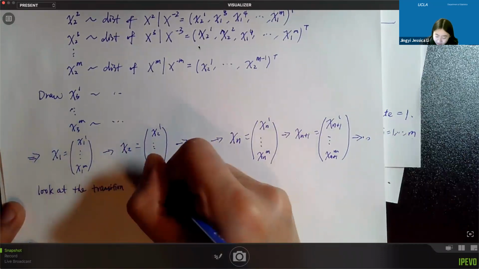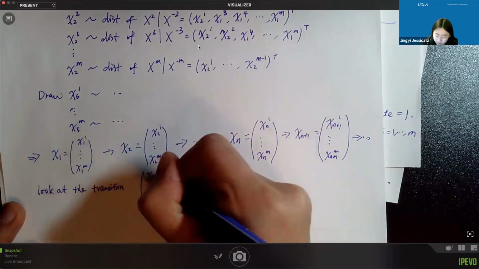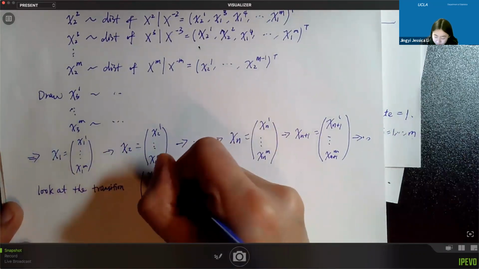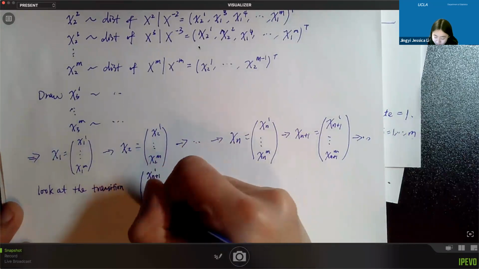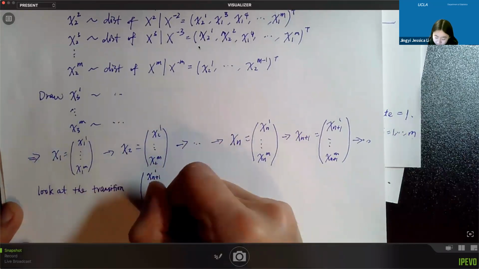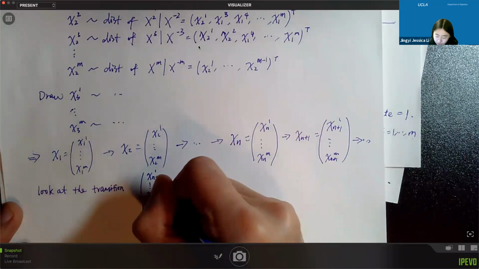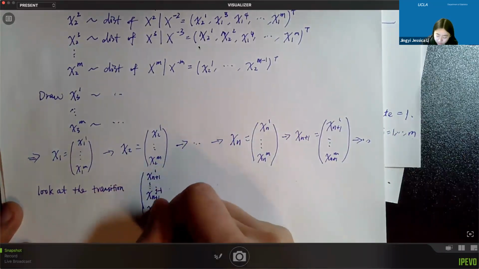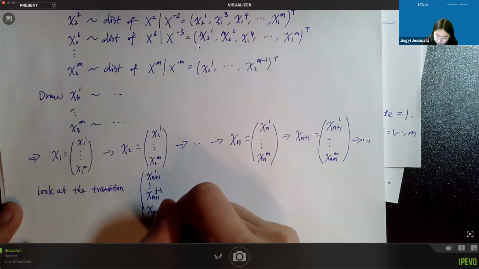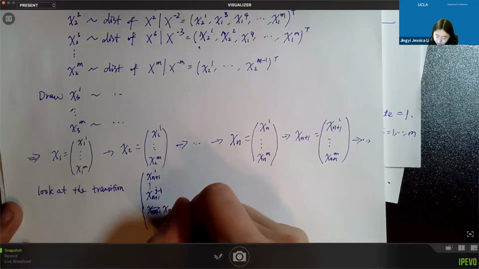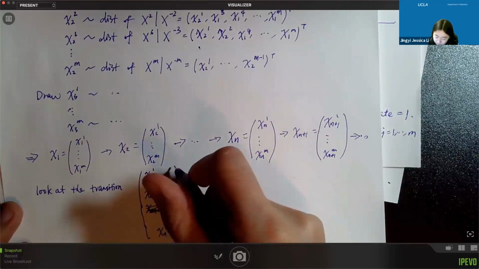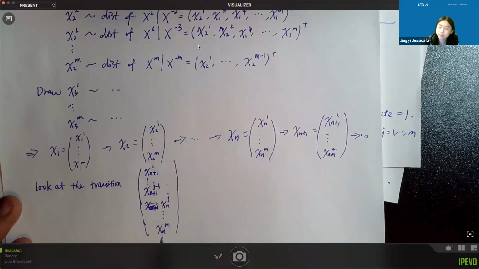For xn, let's say that I already have my first j minus 1 dimensions updated, okay? But starting from the jth dimension to the mth dimension, I'm staying at my current nth value.